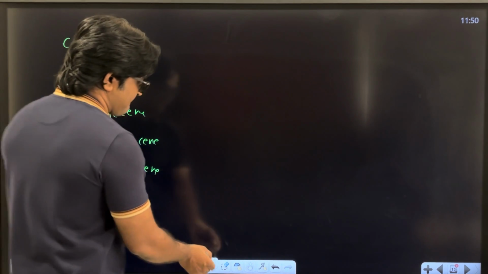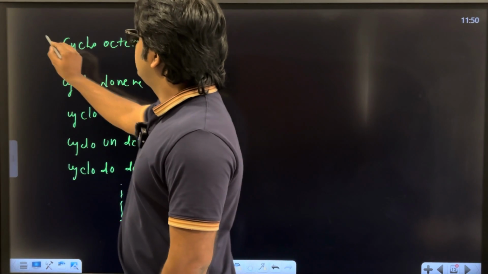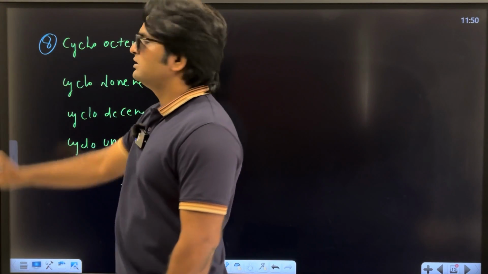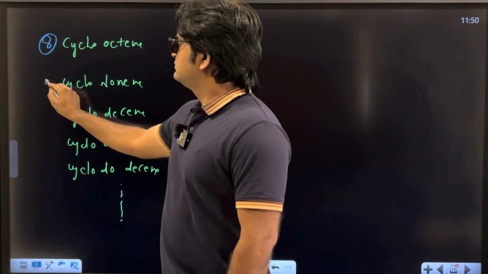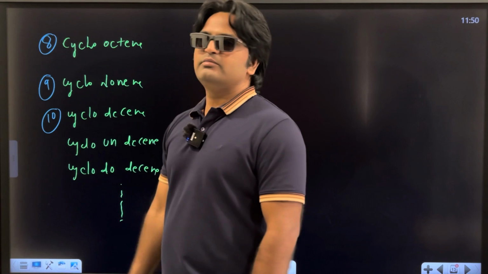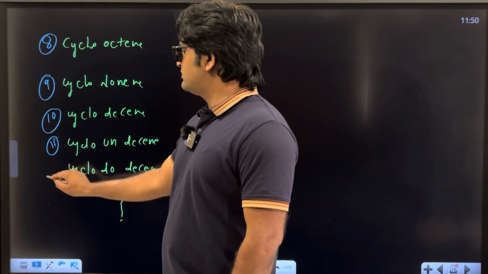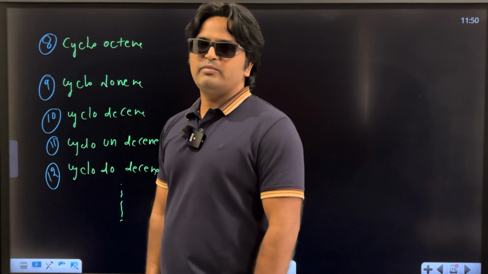Okay, right. How many carbon atoms are present in cyclooctene? 8 carbon atoms. Cyclononene, 9 carbon atoms. Cyclodecene, 10 carbon atoms. Cycloundecene, 11 carbon atoms. Cyclododecene, 12 carbon atoms.